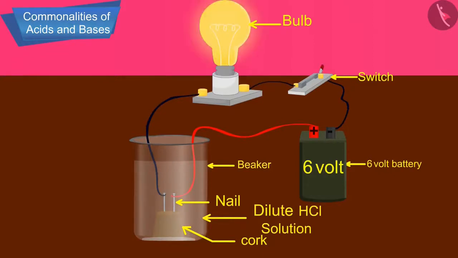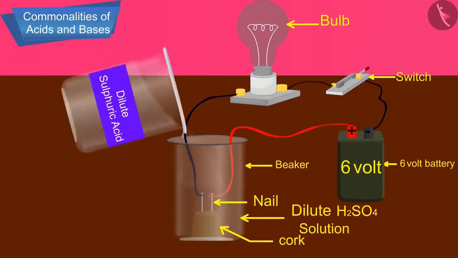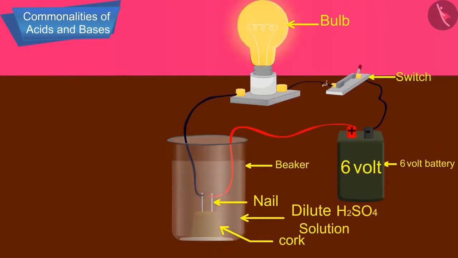What do you observe? The bulb starts glowing. This shows that hydrochloric acid solution taken in a beaker conducts electricity. If we repeat this experiment by taking sulfuric acid, the bulb glows again.